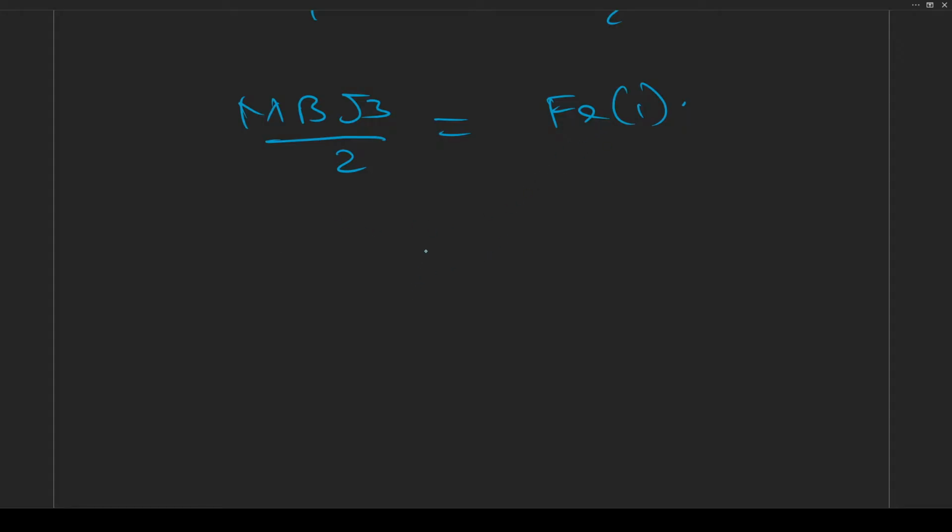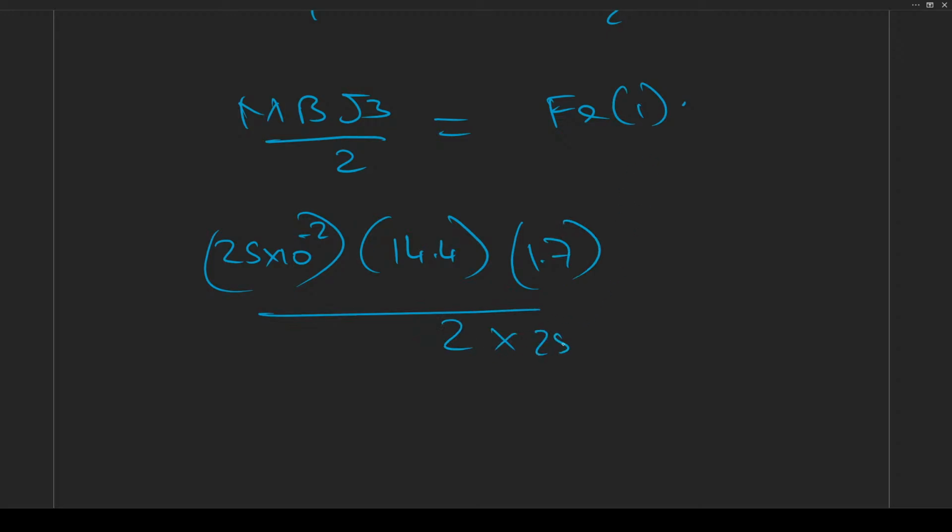We can substitute the r value, which they gave as 25 into 10 power minus 2, times the pole strength, that is 14.4, times root 3, which is 1.7, by 2, divided by 25 into 10 power minus 2. We'll get it as 7.2.